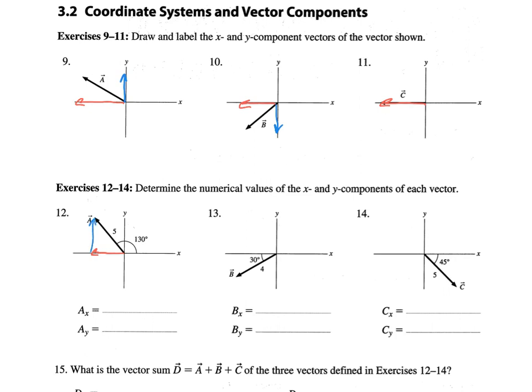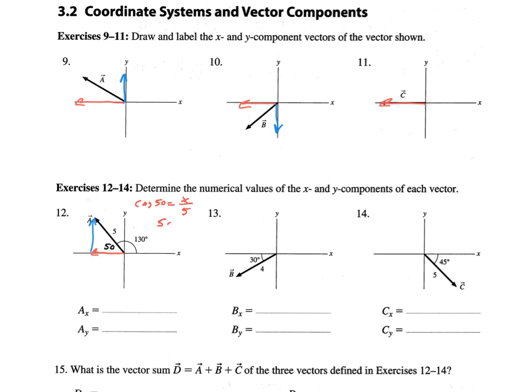I am going to go 180 minus 130 and get a 50-degree angle there. And so let's do the red one first, and that's adjacent, so that's cosine of 50 degrees equals x over 5.